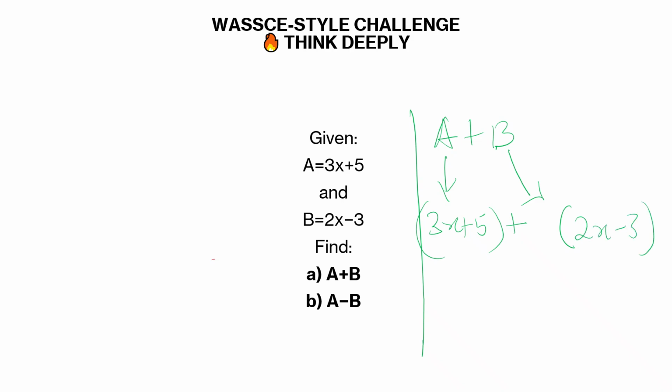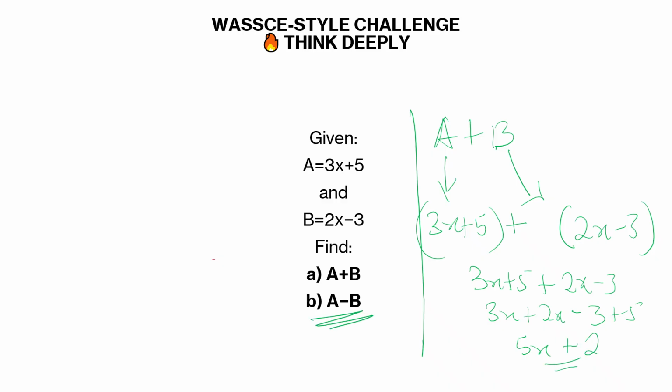Simplifying this, we open the brackets. We are going to have 3x plus 5 plus 2x minus 3. Grouping like terms, we have 3x plus 2x plus 5 minus 3. So we have 5x plus 2.